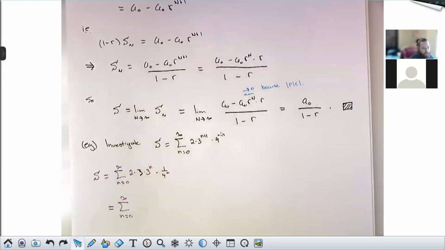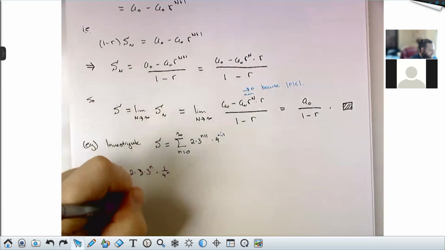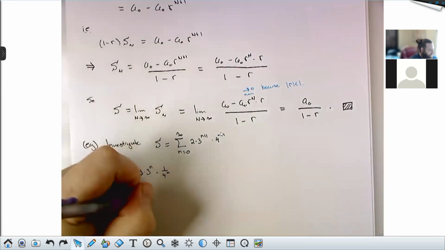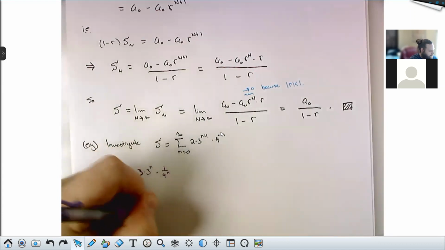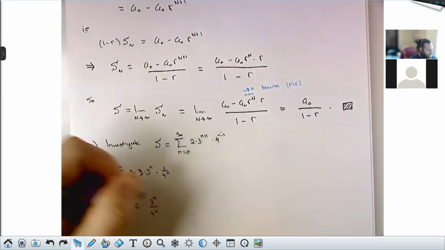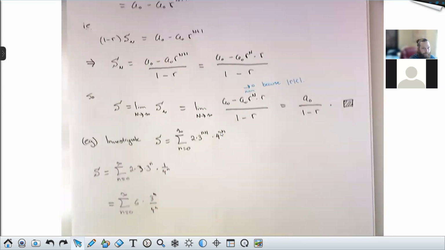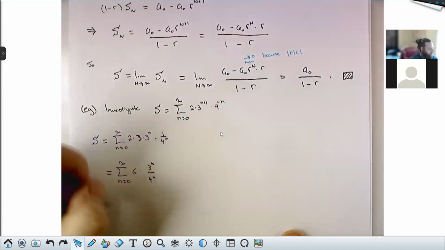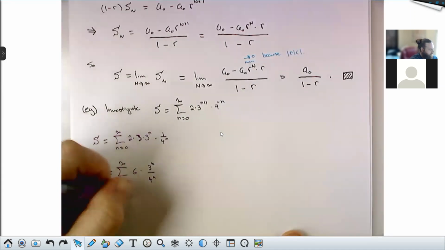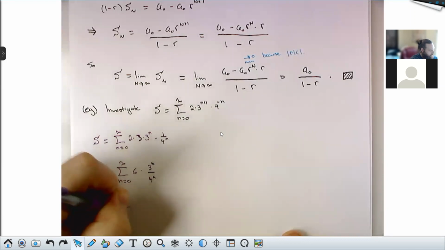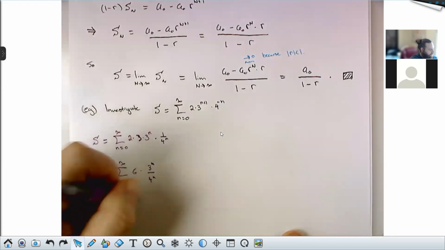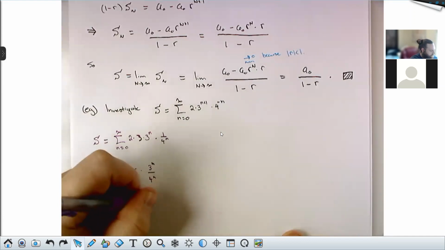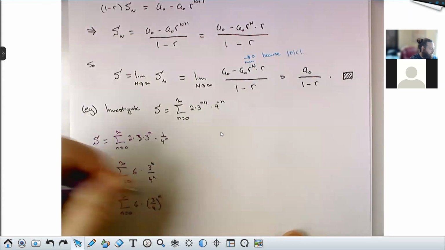There are no n's in those. 2 times 3 is 6, times 3 to the n over 4 to the n. Okay, starting to look more like a geometric series. That's 6 times, well, 3 to the n over 4 to the n is (3/4) to the n.